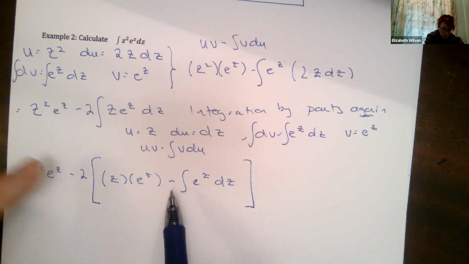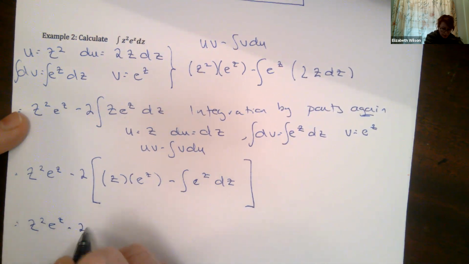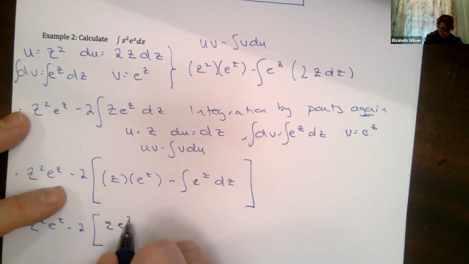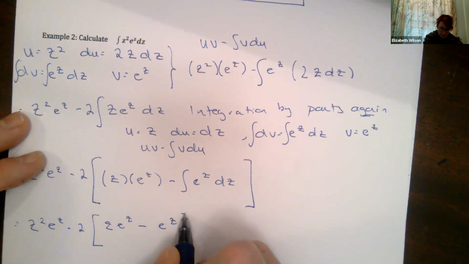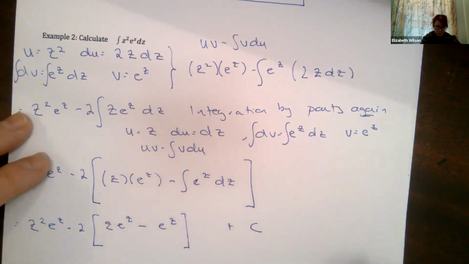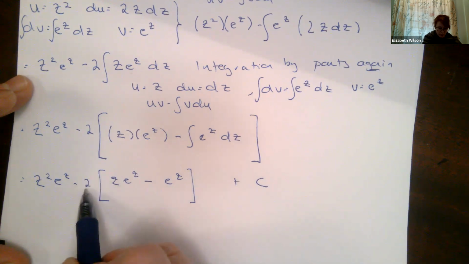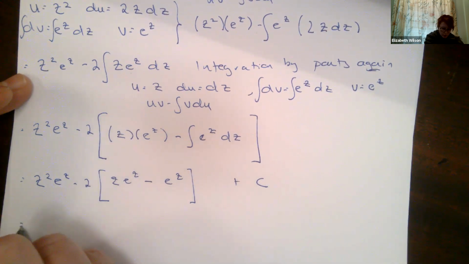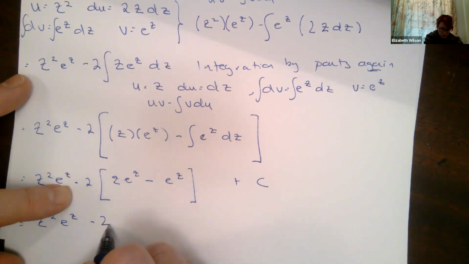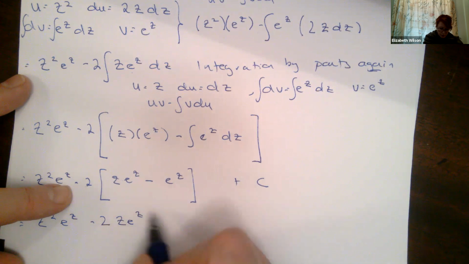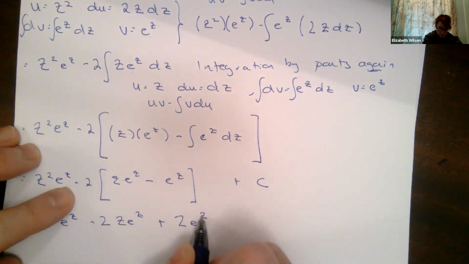Okay, so let's go ahead and I'm going to show you the mini steps. So z squared e to the z minus 2 times the bracket. This is z e to the z minus e to the z. We'll add the plus c in at the very end. We'll do the plus c right now. Okay, so let's go ahead and distribute my -2 here. So this is going to be z squared e to the z minus 2z e to the z minus minus becomes plus 2e to the z plus c.